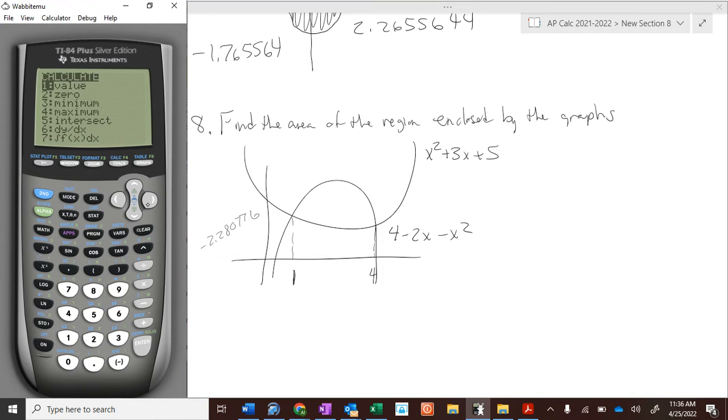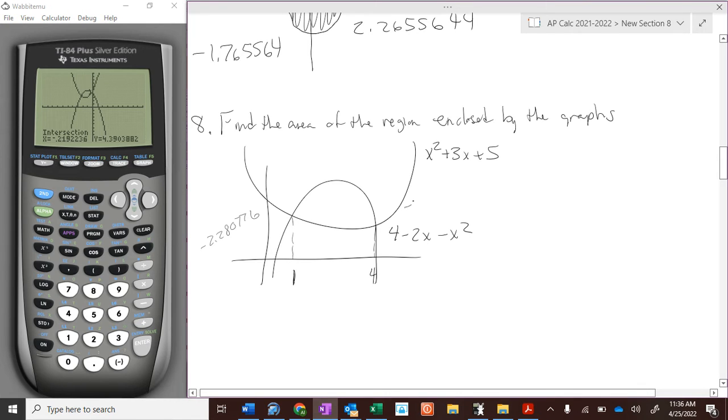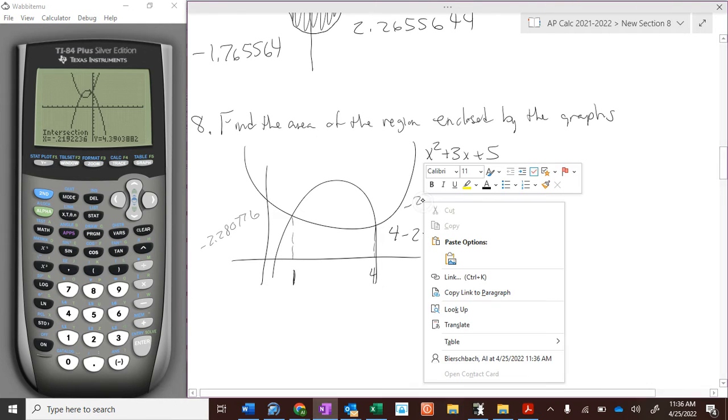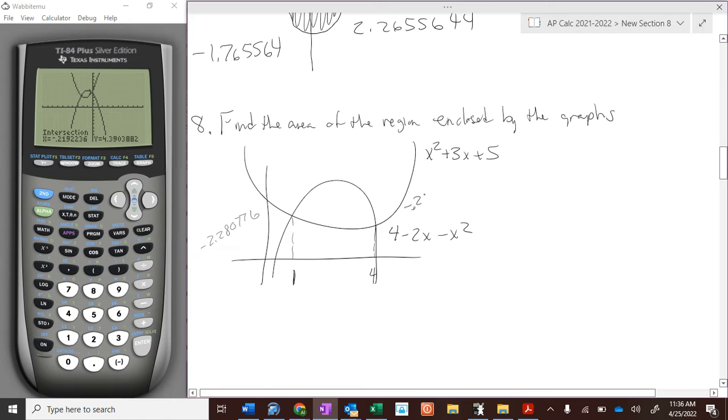Second trace 5, enter, enter, enter. Negative 0.2192236.